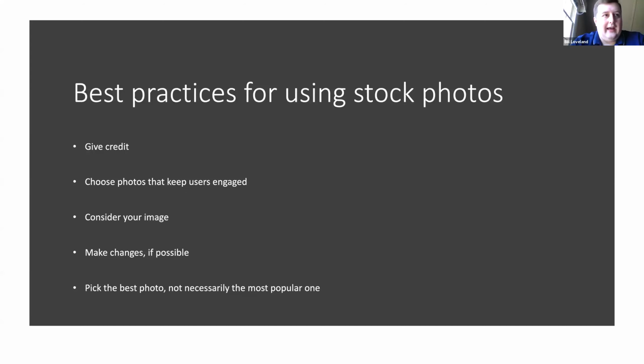Number 3, consider your image. When choosing your photos, try to think about your business and what the buzzwords are that your customers would use when describing your brand. Social media images really can help change or cement your brand's image in the minds of your customers. And it's also good to try to make changes if possible. This helps you make them your own.